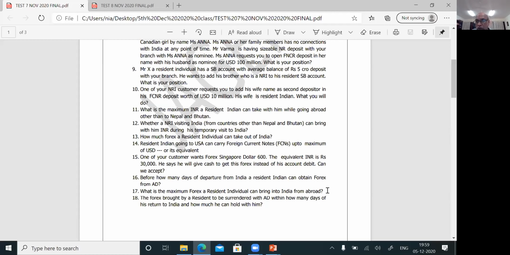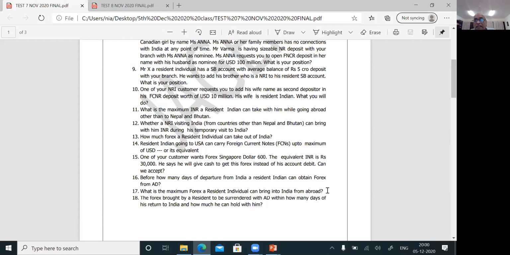You have to declare to them, I am bringing this much amount of foreign currency notes, foreign FDDs, foreign traveler checks, etc. with me as I am entering into India. So they will write down everything and give you a certificate called the currency declaration form. The immigration authorities will sign based on the declaration given by you.